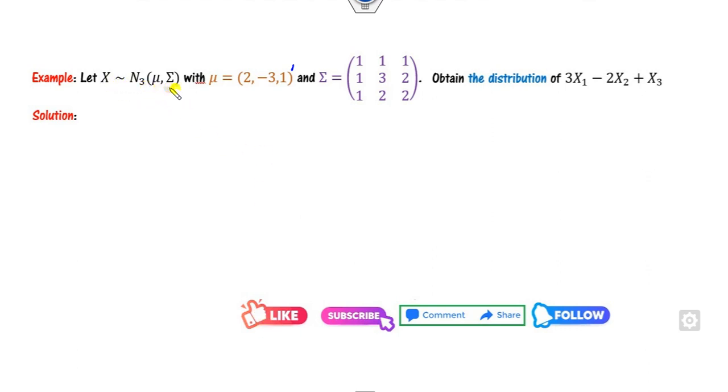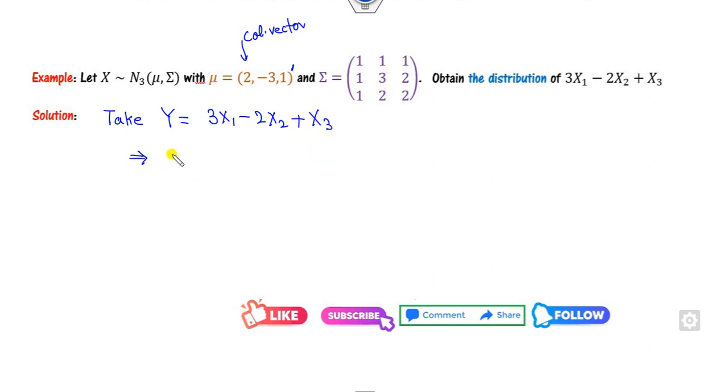Now x follows a normal distribution here with mu, always remember mu is a column vector. Your target is to find the transformation of this. Again, very simple: I can take y is 3x1 minus 2x2 plus x3.